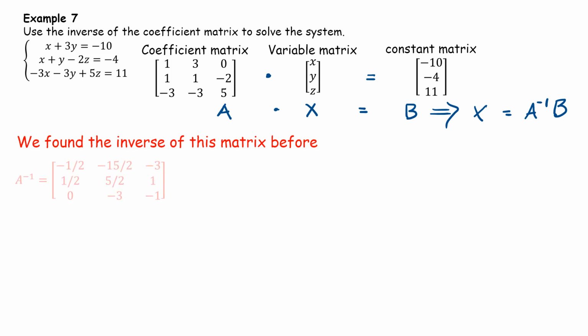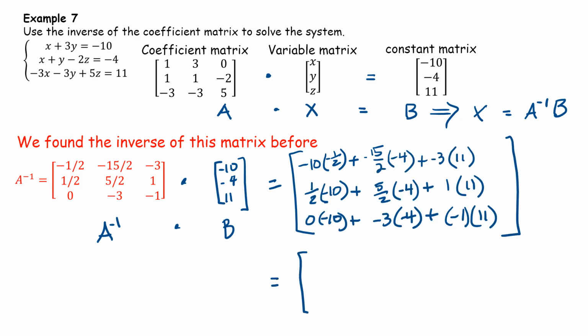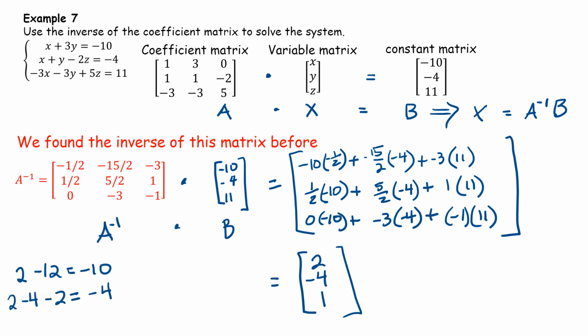So here's the inverse we found in the earlier example, and we're going to multiply that by the constant matrix. That will give us this matrix, and when you add that all up, you get your x, your y, and your z, and you can see if you just plug it in that it will work in the equations.